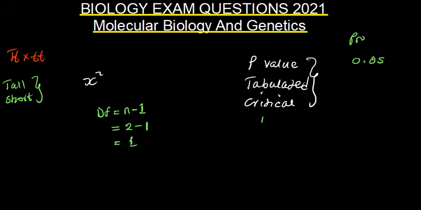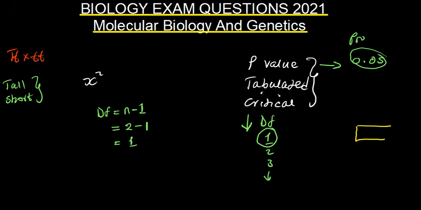You're going to have degrees of freedom going down, then probability this side, then 1, 2, 3, and so on. In our case, our degree of freedom is 1. Where this 1 and this 0.05 correspond, that's the figure you pick.